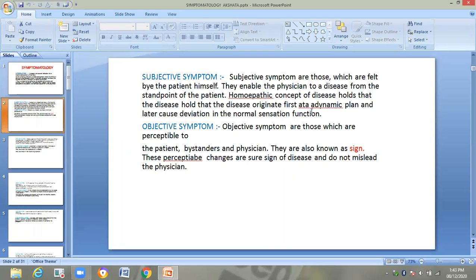In this way the disease progresses. So this is all about the subjective symptom.